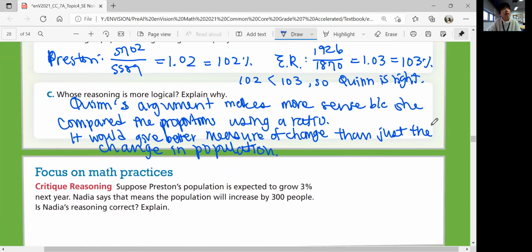Focus on math practices. Suppose Preston's population is expected to grow 3% next year. Nadia says that this means the population will increase by 300 people. Is Nadia's reasoning correct? Explain. So what's 3% of Preston's population for next year?